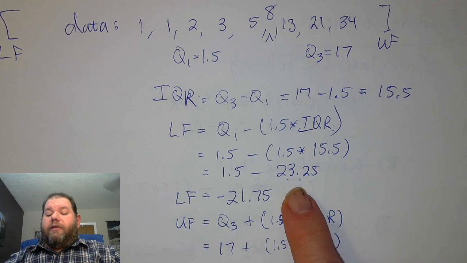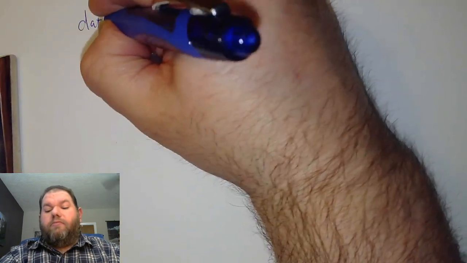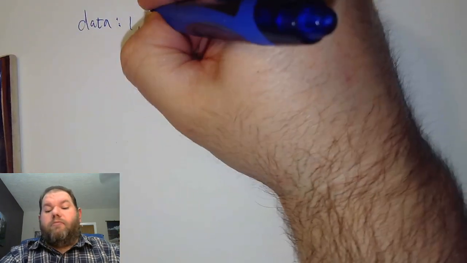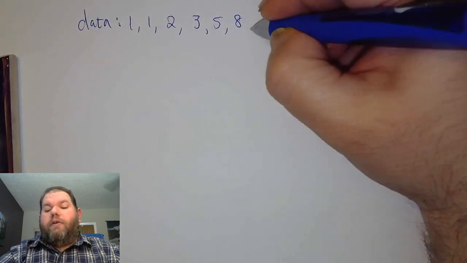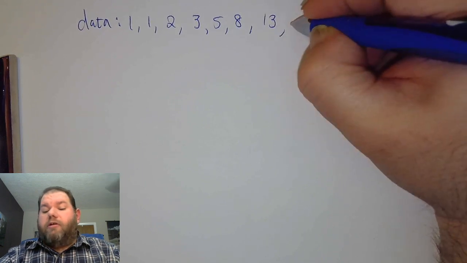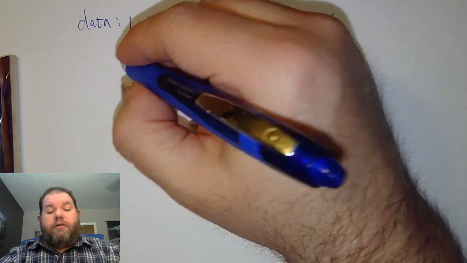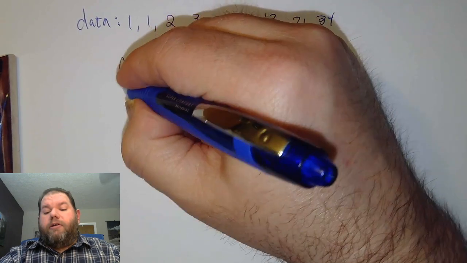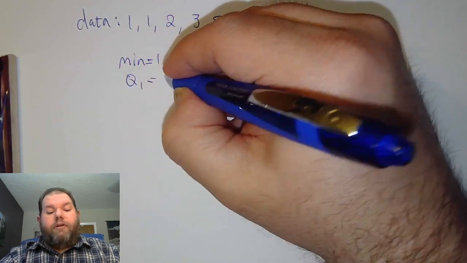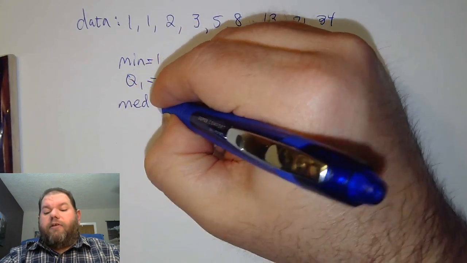And we calculated the lower fence and the upper fence. Let me just write all that down without calculating it again because we've already calculated it. So our 5-number summary, we have our minimum value is 1. Q1 is 1.5. The median we found was 5.